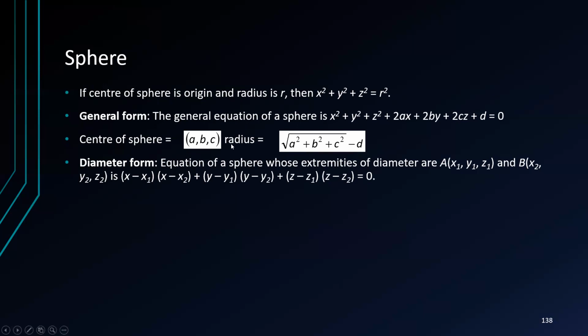And general form, the equation of a sphere is X squared plus Y squared plus Z squared plus 2AX plus 2BY plus 2CZ plus D is equal to 0.